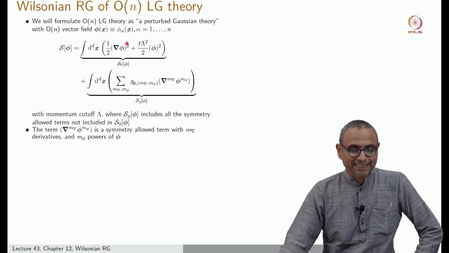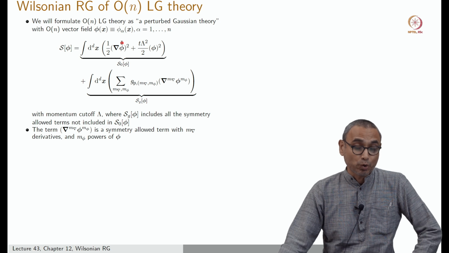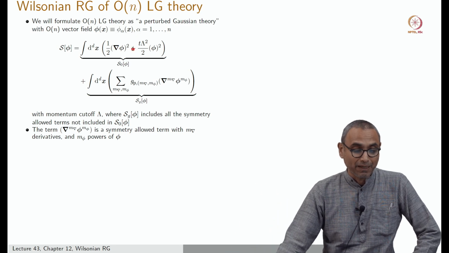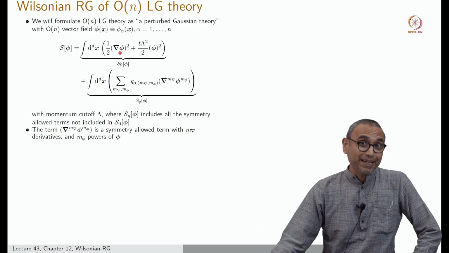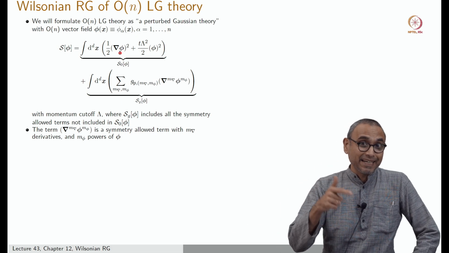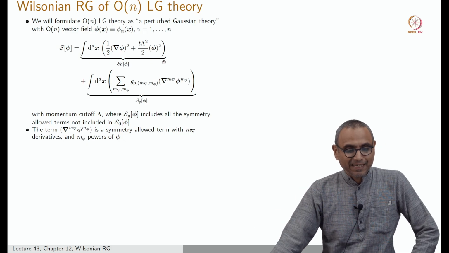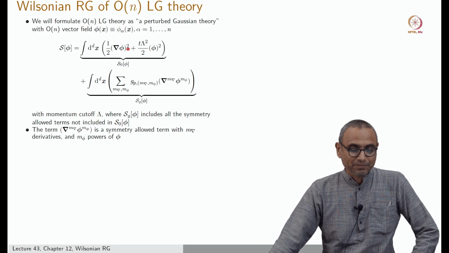If I take this term in the language that I am introducing here, this term will have m_nabla equal to 2, because when I expand this out, I'll get a gradient phi and another gradient phi, so m_nabla is 2. And there are two powers of phi, because there is gradient phi and yet another gradient phi, so that gives me m_phi equal to 2.